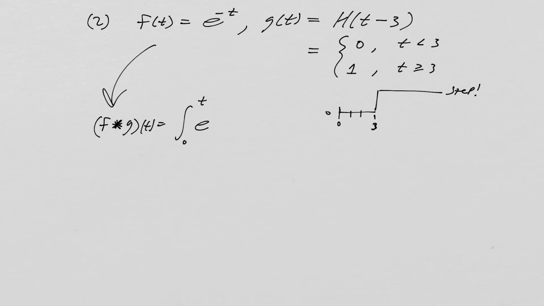I'll take e to the negative t minus c as the f of t minus c, and then we're going to have h of c minus 3, dc. So this is our convolution integral, and clearly we have cases.